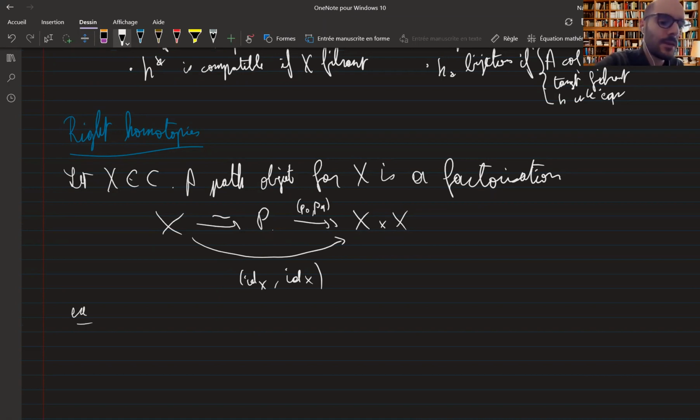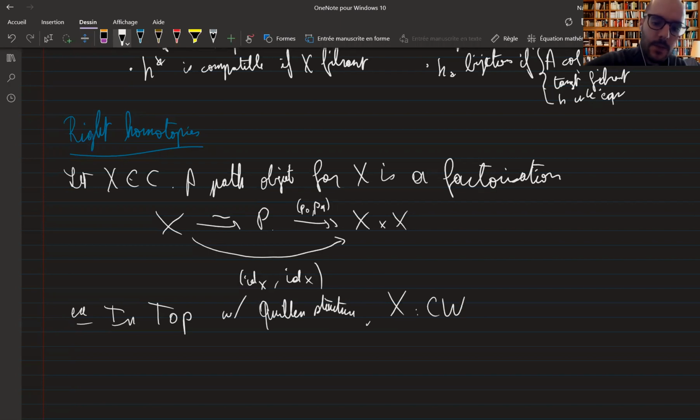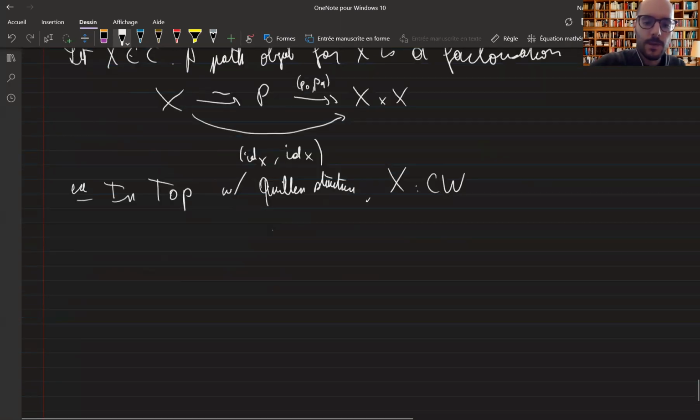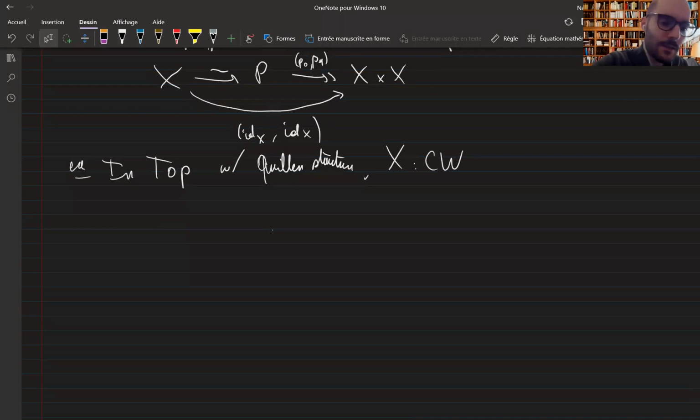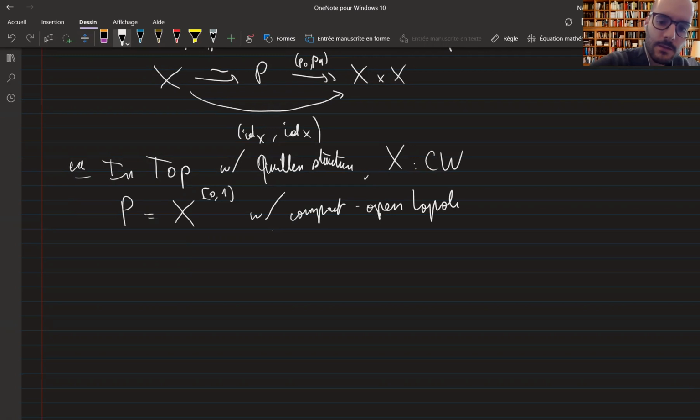As an example, in Top with the Quillen structure, if X is a CW complex, or maybe cofibrant, it works, then you can take P to be X to the power [0,1] with the compact-open topology.